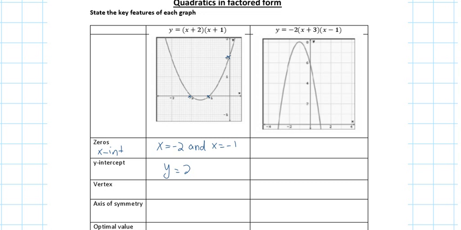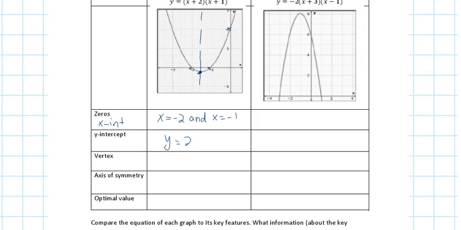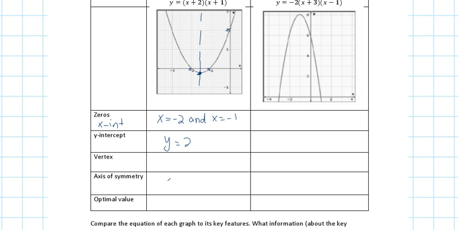My vertex is right here, and my axis of symmetry is right in the middle between the two zeros, so it's between -1 and -2. So basically, my axis of symmetry is x equals -1.5. Sorry, I missed the vertex. If I look at the vertex, that looks like it's -1.5, and this looks like -0.25.